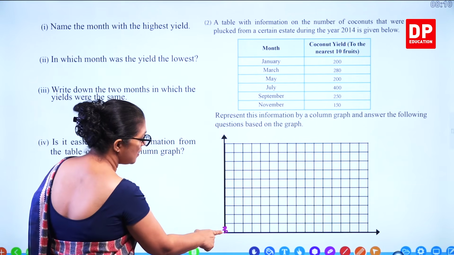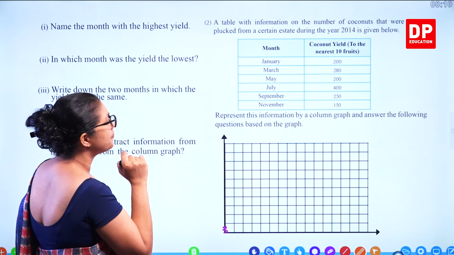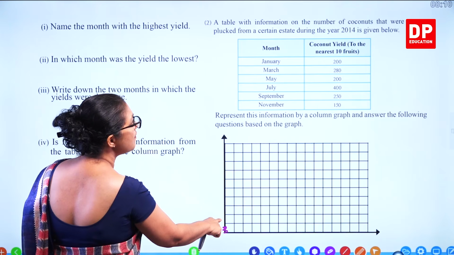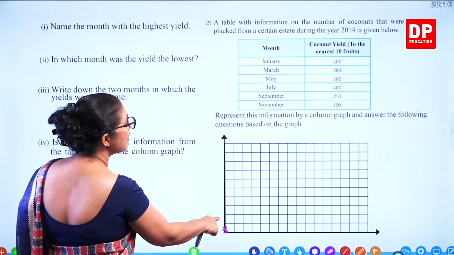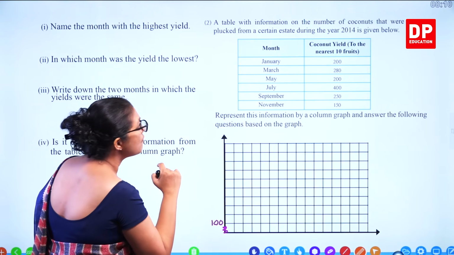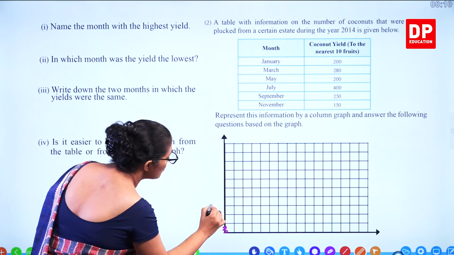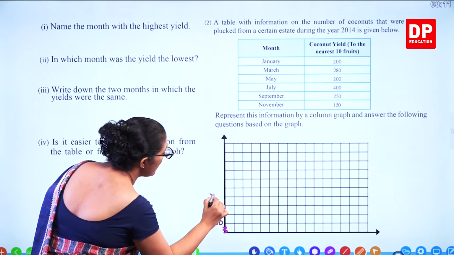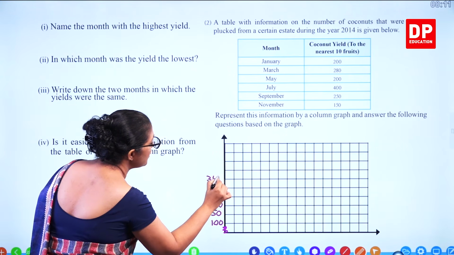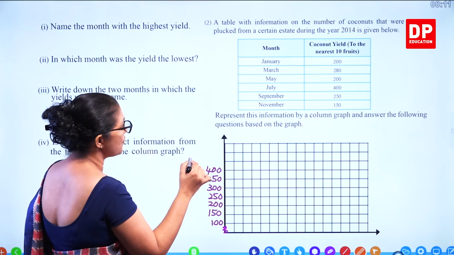So we can start from any value. We can put a zigzag sign like this and we'll start from 100 and see whether we can mark up to 400 by taking 50s. 150, 200, 250, 300, 350, 400. 400 is the highest value.